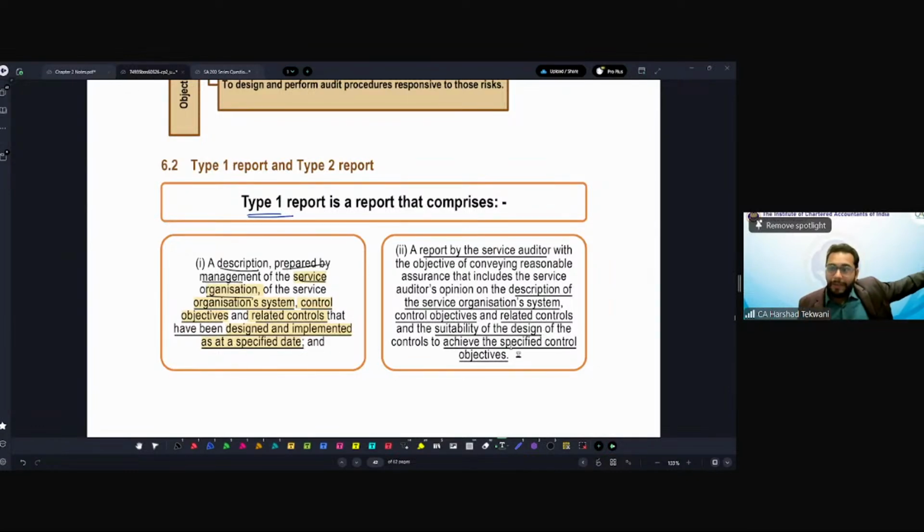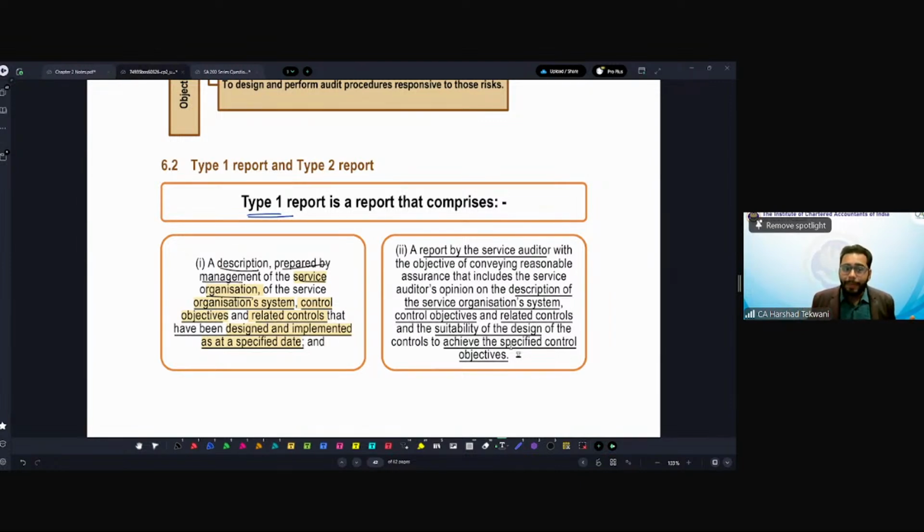Means whatever management is saying in the first part is perfectly fine, and the controls are designed in such a way that they achieve the control objectives. So whatever purpose they have designed is being achieved. Means the Type 1 report will include a management description and the auditor's reasonable assurance that the management description is perfectly fine.